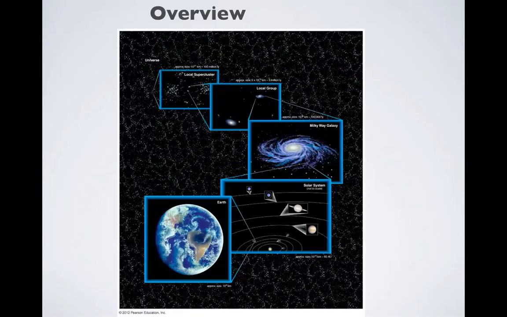So here's an overview of what we just started. If we start with Earth, again, here's the African continent. Then we can zoom out, and we see our solar system, and they've zoomed out some of the other planets there for you to be able to see them.